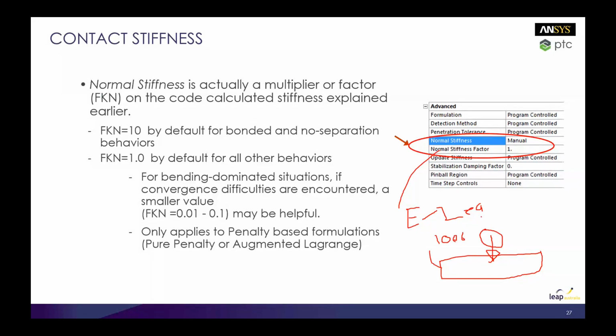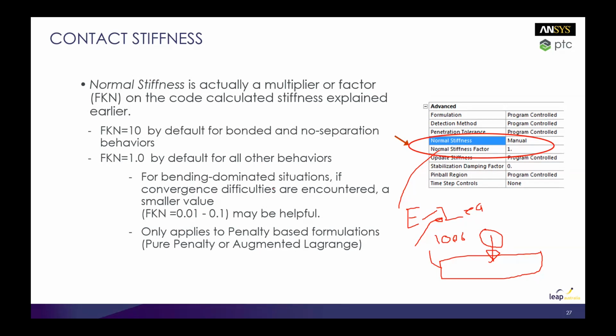So there's quite a difference in the Young's modulus of these two materials. It usually takes the average of these two materials and then uses a scale factor. Because the average is a lot closer to 2E9 than to 10E6, we need to lower this stiffness factor, so that the contact stiffness value is closer to the Young's modulus of the material.